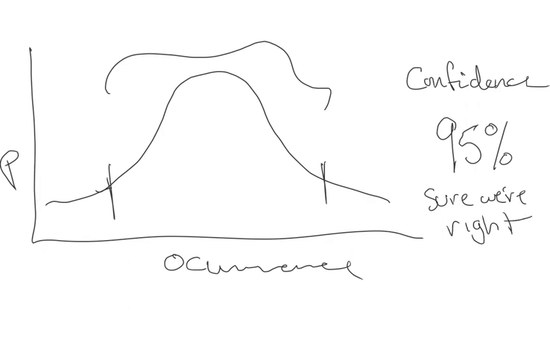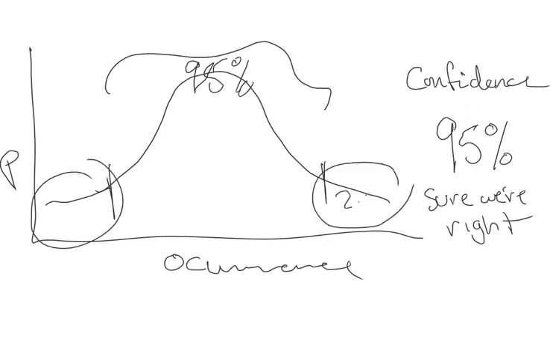Okay, and so that means this middle part is 95% sure. We're taking a bet on 95% of the time that would happen. And that means there's 5% off in these tails. Well, there's two tails, so there's 2.5% here and 2.5% here. So that's the probability of error.